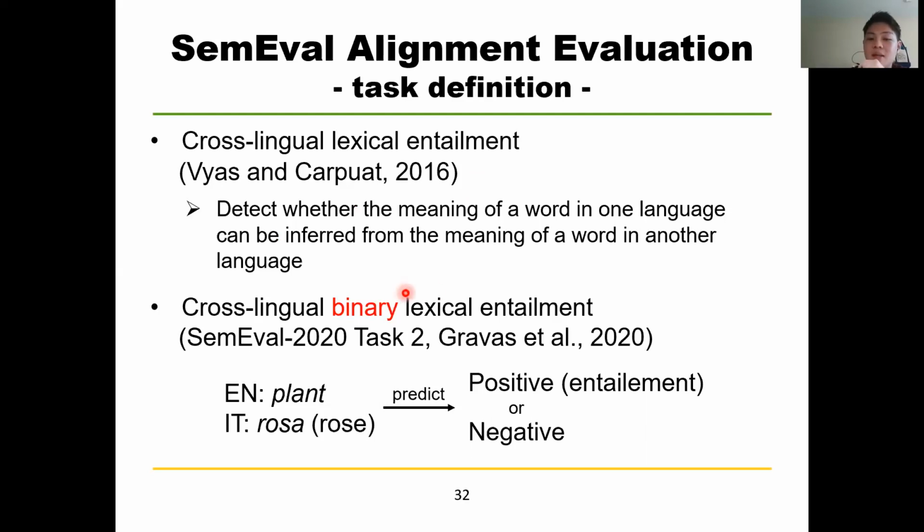And we take the binary classification setting for this task introduced in the SemEval shared task this year. This task can be viewed as in the example here. Given a word pair in different languages, in this case English and Italian, we predict whether this word pair holds the entailment relation or not.